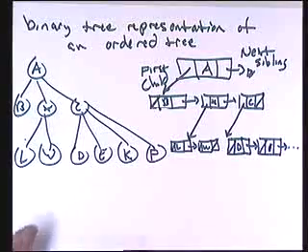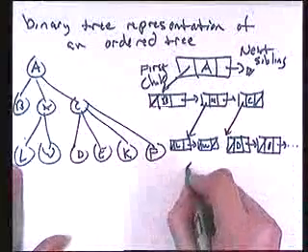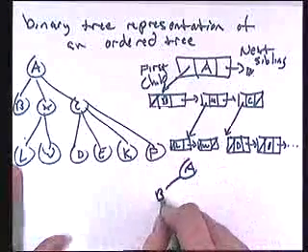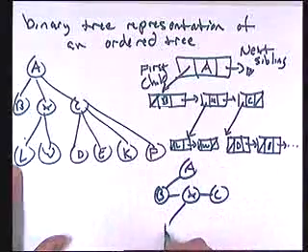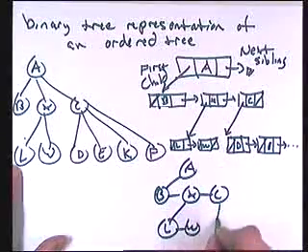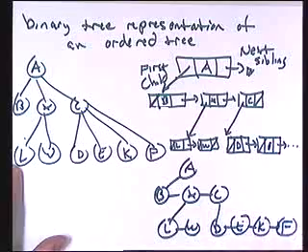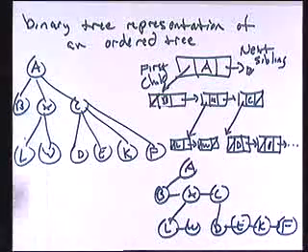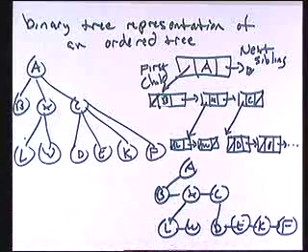Or if I wanted to draw it without explicitly putting the pointers in the nodes, just take this and draw it out like this, where we say A, B, X, C, and then from X we have L and W, and D, E, K, and F. So this is our tree. This is how the implementation is set up.